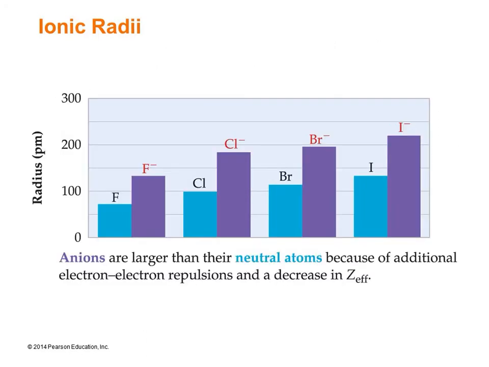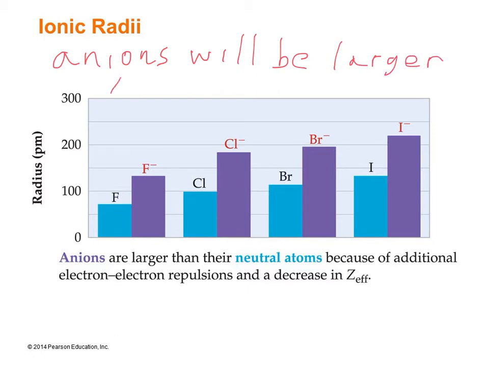Now let's state the equally obvious statement that anions, where you've added an electron, will have larger radii than their neutral atom. I am correct in saying this is obvious.